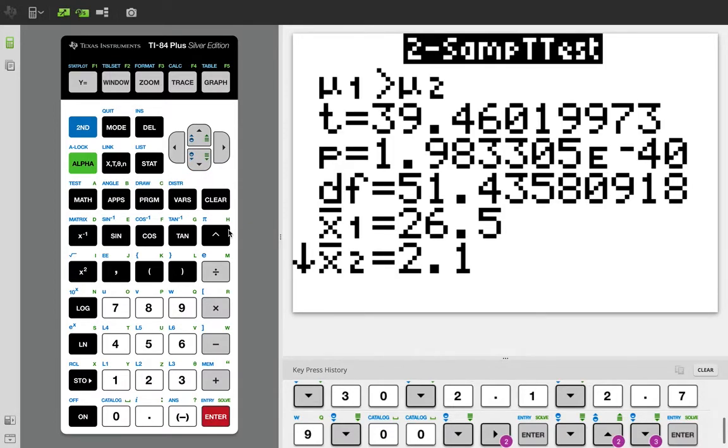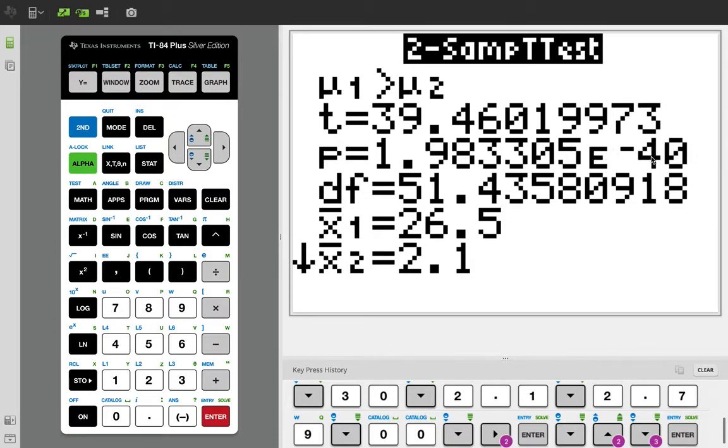All right, so you're going to want to copy down most of this. I'm going to copy it down real quick, and then I'll go back to our slide here. Our t critical value, 39.46. The P-value that we want to use is e to the negative 40.